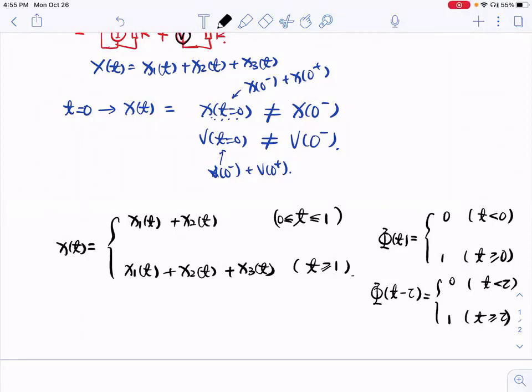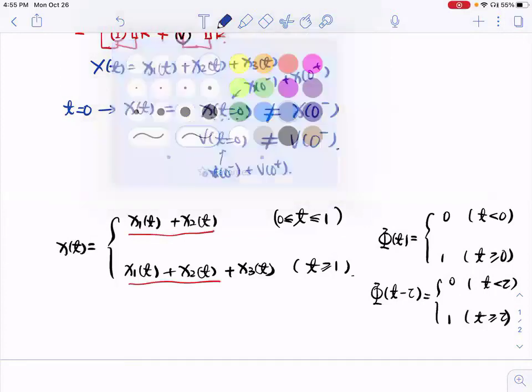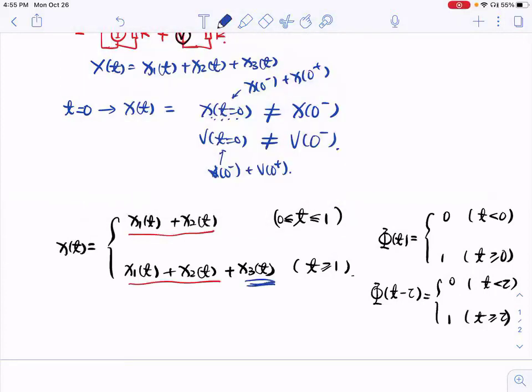All right, so let's look at this expression. How can we use the Heaviside function to simplify this? The first part, x1 plus x2, always exists no matter where your t is. But the second part, your x3, only exists when t is greater than 1. So you can write it as x1 t plus x2 t.